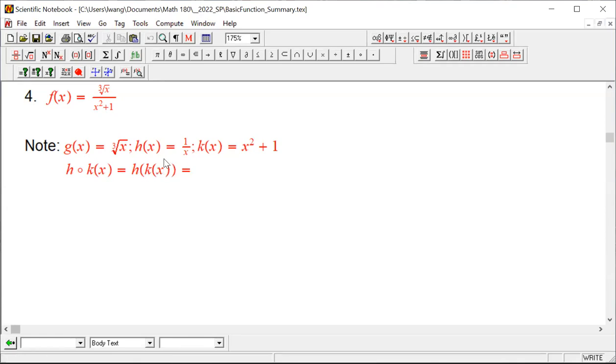Okay, and that's going to be h of x, which is x squared plus 1. Hold on, x squared plus 1. And now it's equal to 1, and h is going to be 1 over x squared plus 1. Right?